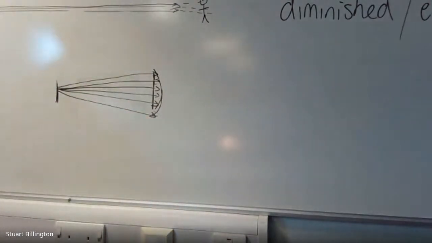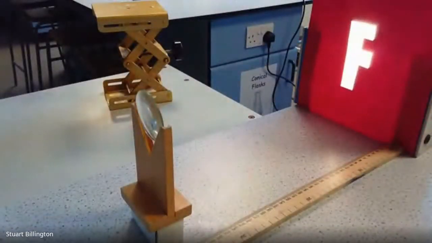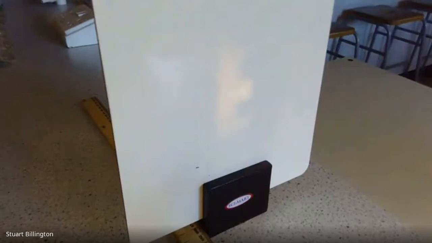So we've just seen what a lens can do to parallel rays of light. Now the question is, what can it do to non-parallel rays of light? What will the lens do to it then? Well, it turns out that it still does the same thing most of the time, just the distances get messed up a little bit.